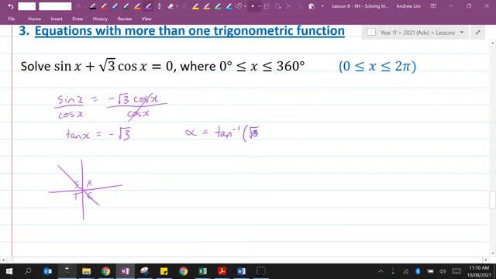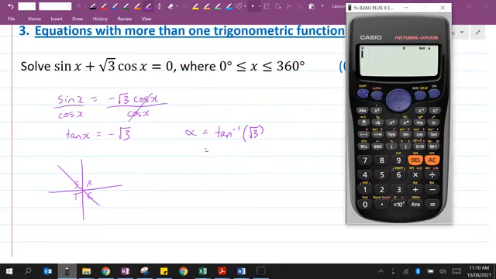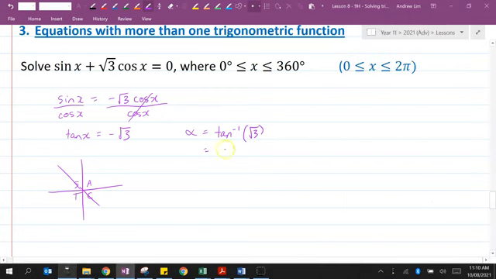Inverse tan of positive root 3 is 60 degrees. So I know that's 60 and that's 60, always between the ray and the x-axis. So the reference angle is equal to 60.